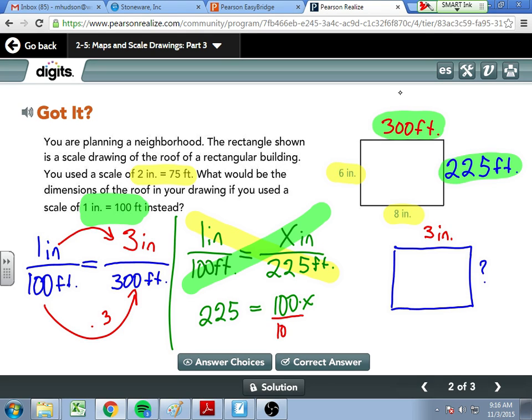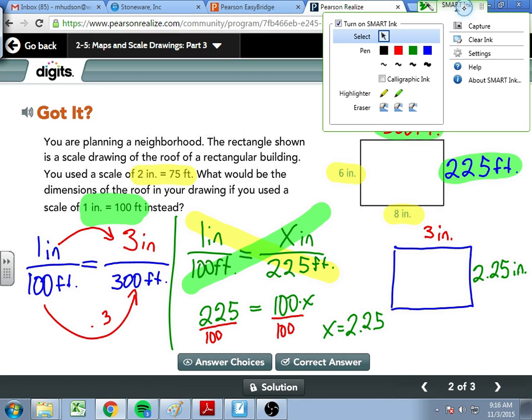You always divide by whatever's multiplied by the x. And that will give us that x is equal to, when I divide by 100, I just shift my decimal 2 places, 2.25, and that label will then be inches. Questions on what we've done here?